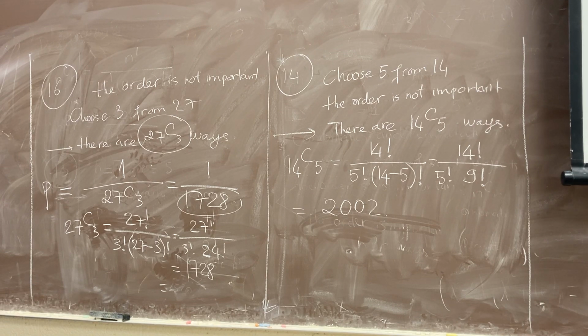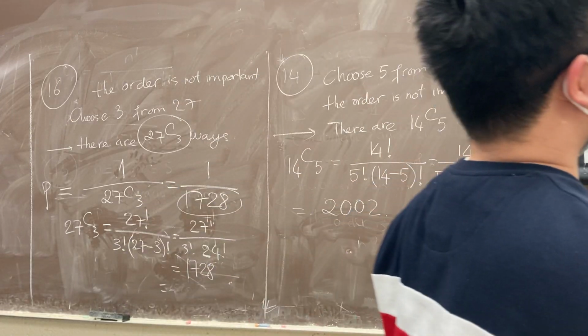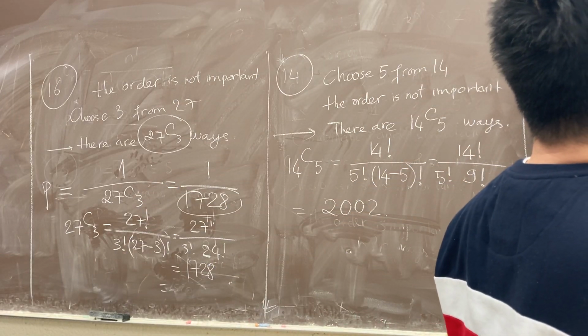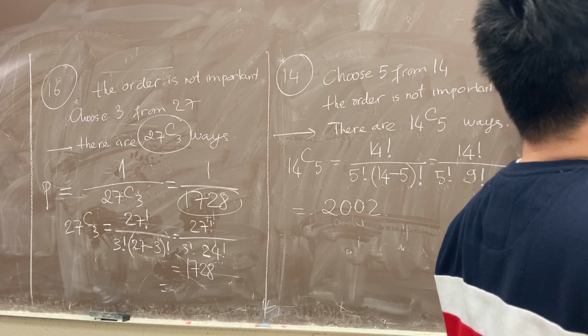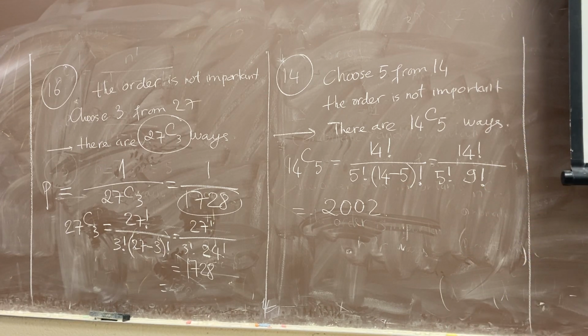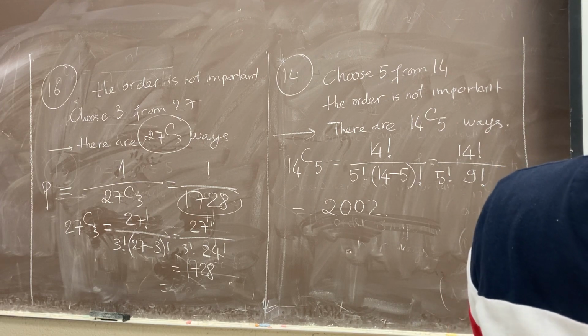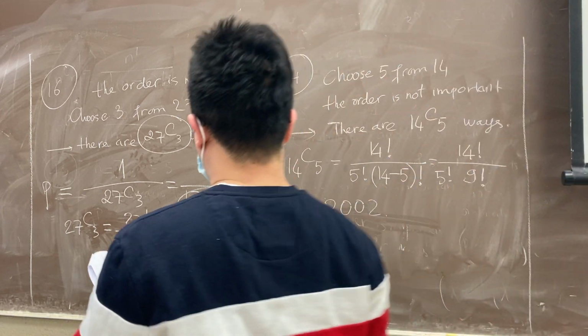Okay. So that's questions 13, 14, 15, 16. We talk about combination and permutation. And question 15, you can use a calculator to calculate this number. And the answer should be... I think I got the wrong answer here.